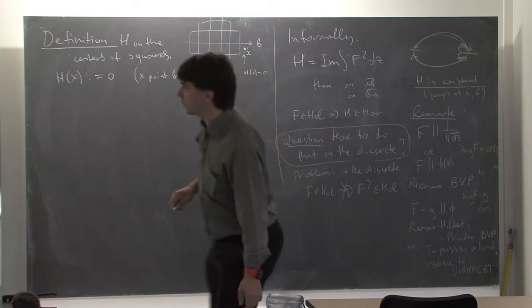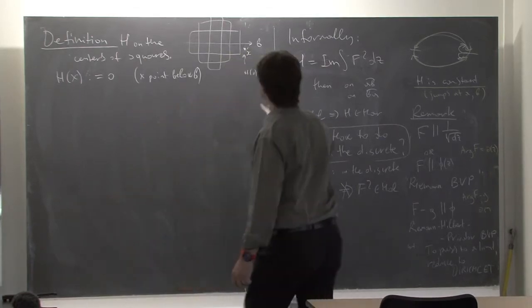And now I had this covering, so how was it covering? Yeah, so this is a black square.